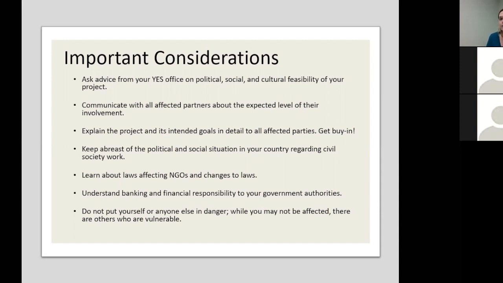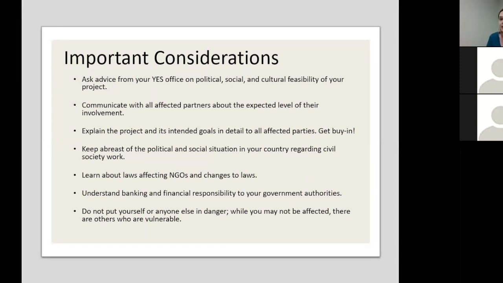You want to communicate with all affected partners about their expected level of involvement. If you have an organization that agrees to partner with you, you want to be very clear about what they're going to provide to you and how they're going to be involved in your project.